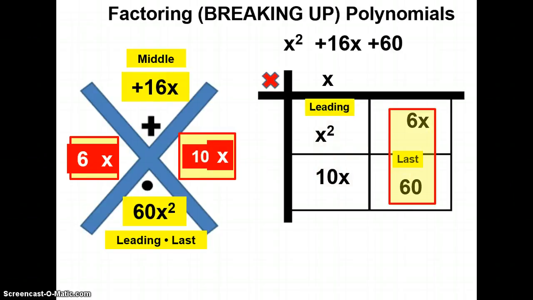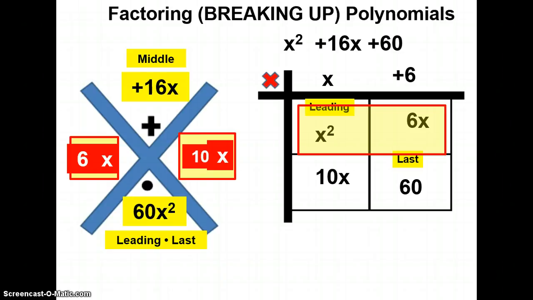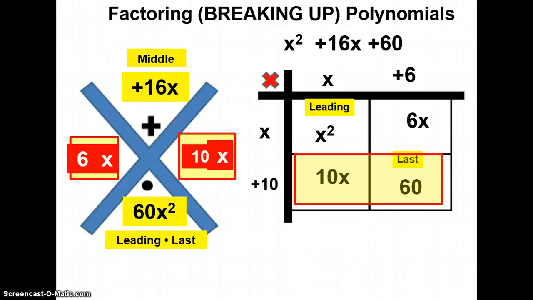What number could I divide out of both of these? 6. You're right. How about these two? What do these two have in common? Next, great. And what are these two a multiple of? 10.